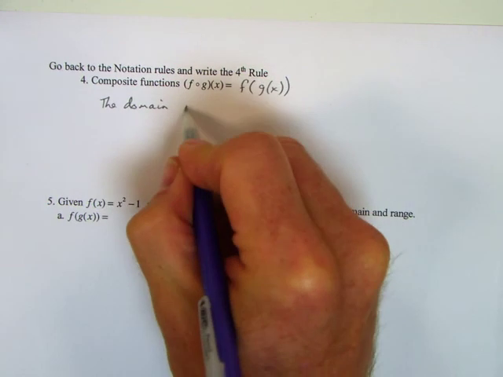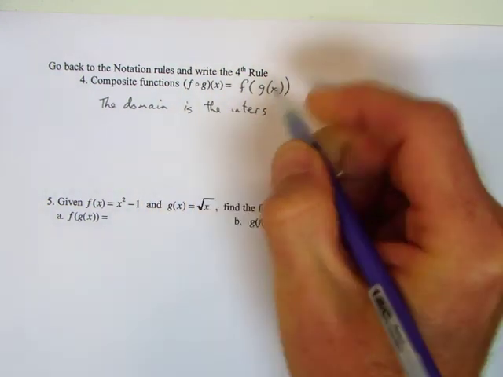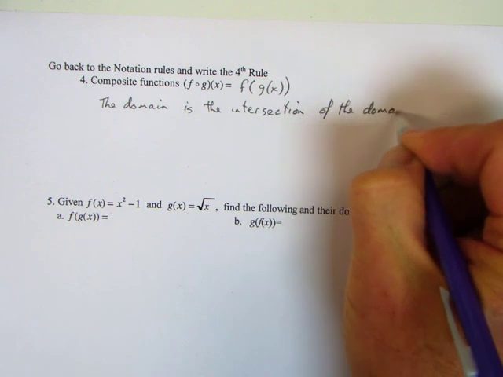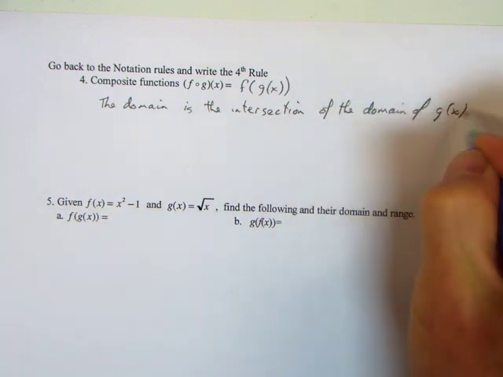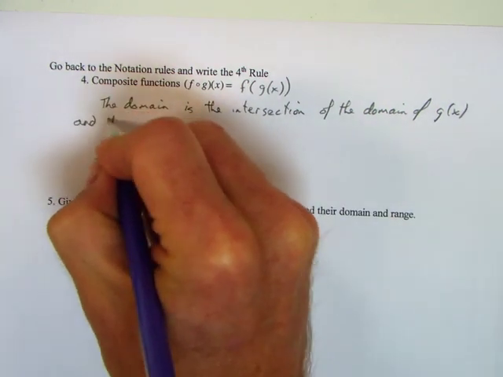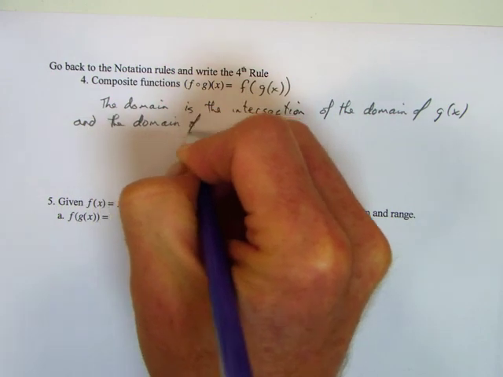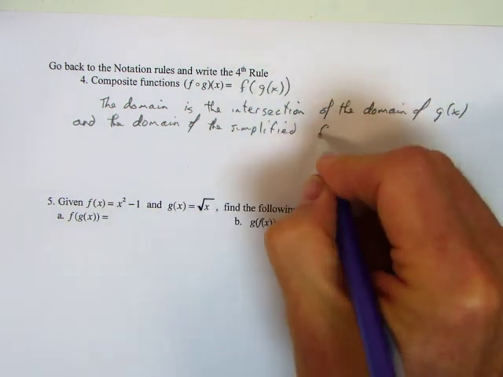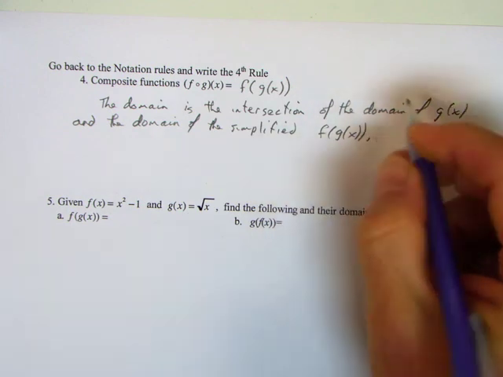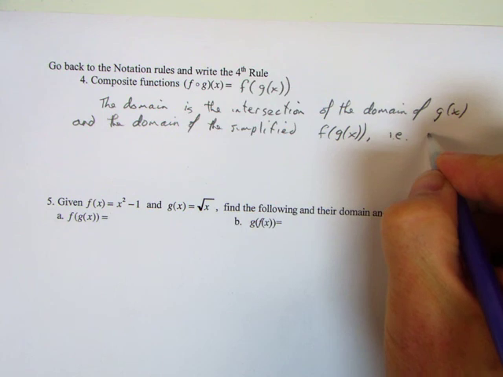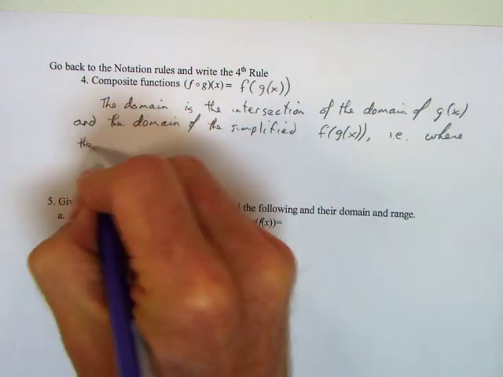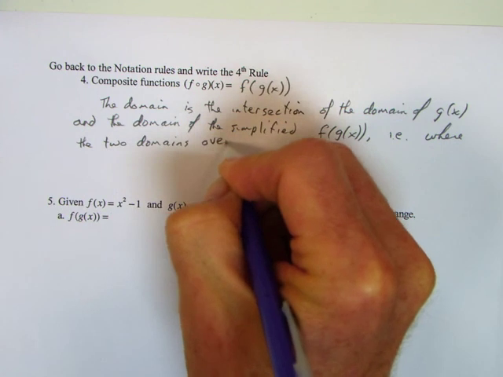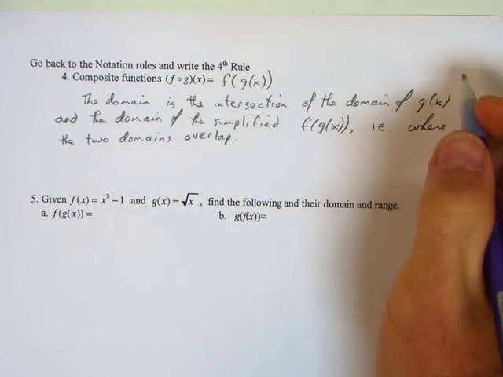I want to say the domain is the intersection of the domain of g of x and the domain of the simplified f of g of x, in other words, where the two domains overlap, where they intersect. So now what's important about g in this setup?